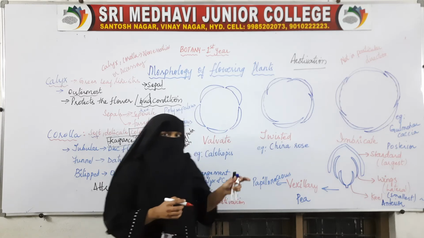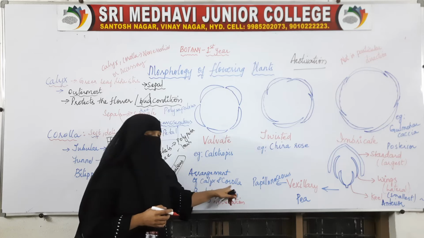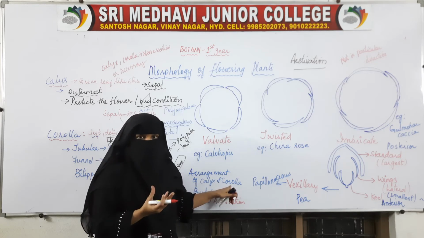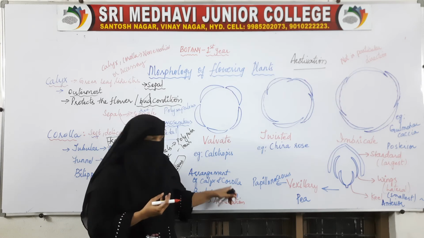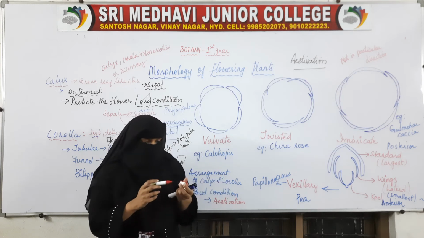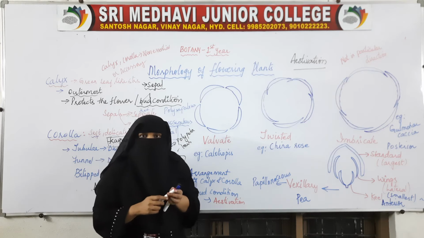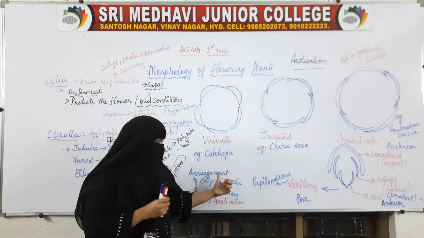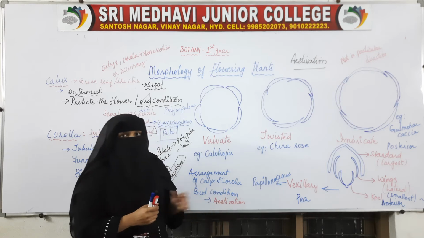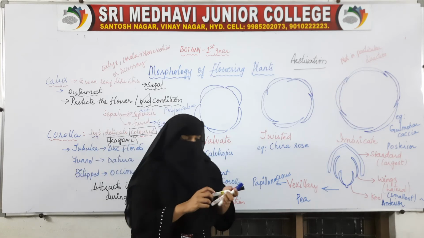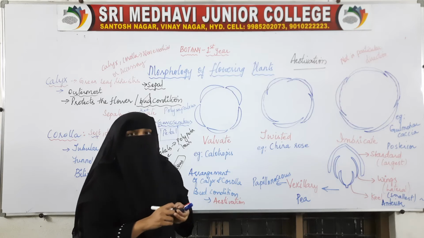Estivation is nothing but the arrangement of calyx and corolla when the flower is in bud condition, that is, before the blooming of the flower. How the calyx and corolla are arranged in bud condition is called estivation. Okay, now estivation is of four types.